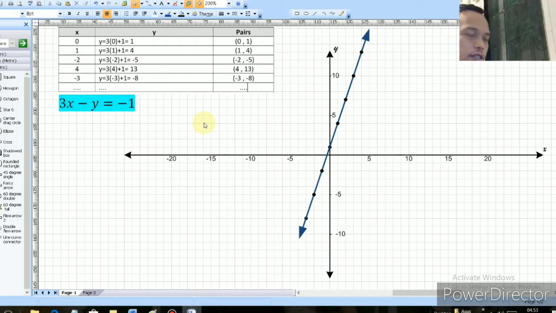Let me just make a quick review that the solutions of this are represented by this graph. Why? Because all of the dots, all of the pairs on this line are the solutions for these equations. If you pick any pair on this line, for example this one or this one or this one, the x and y of that pair will satisfy this equation, or will make this equation statement true.